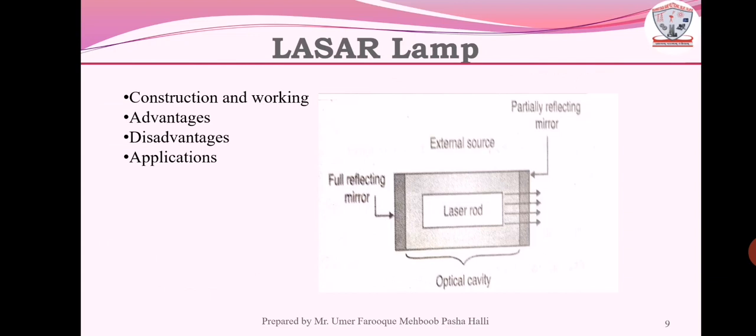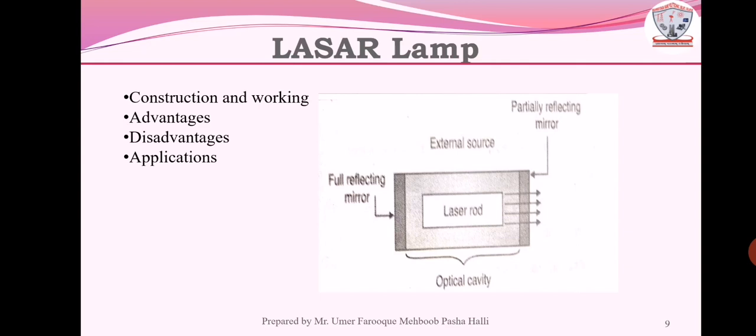The figure shows the arrangement for producing the laser light energy. It consists of an external source in the form of a flashing light source, two mirrors and a laser rod. One reflecting mirror has a high reflecting capacity, the other mirror has less reflectivity.